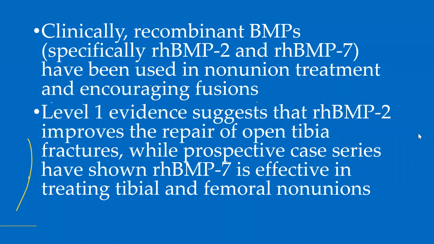We use this as orthopedic surgeons, but it is very expensive, but it helps in promoting union in conditions in which we have non-union of the tibia and femur, and we use it on the posterior aspect of the spine during fusion.